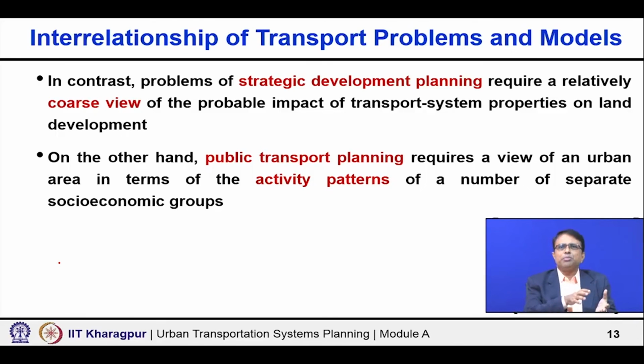So, that activity pattern is very important. So, you can see that the level and the requirements are very different for different types of transportation problem we are facing today in our urban area. So, obviously, we have to select a model according to the requirement and according to the level.